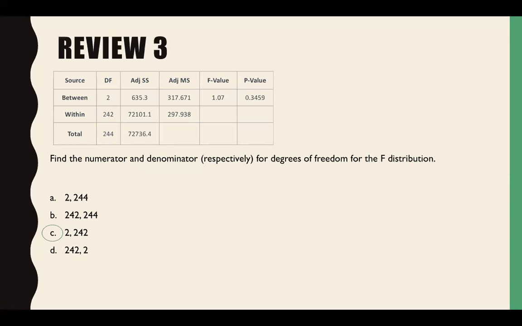So the degrees of freedom for between is 2, and the degrees of freedom for within is 242. You see on the chart there are 3 listed: between, within, and total. Total is just between and within added up. And between is also known as the numerator, and within would also be known as the denominator sometimes.